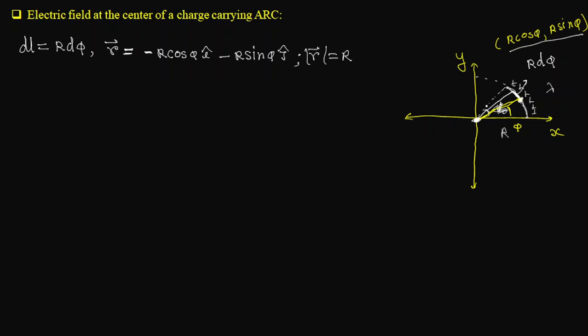So we have a linear charge distribution, we know the dl vector, and we know the r vector.